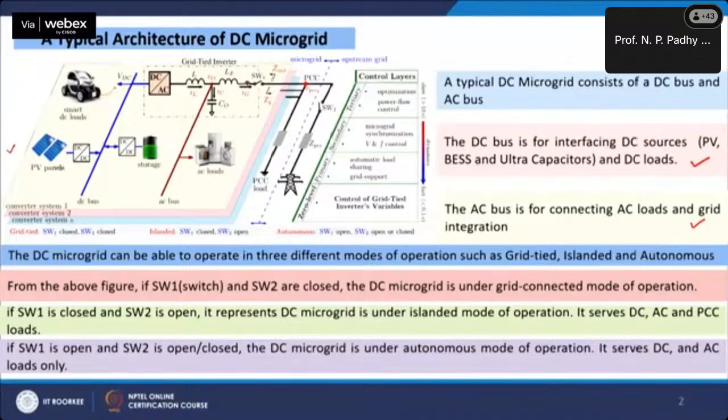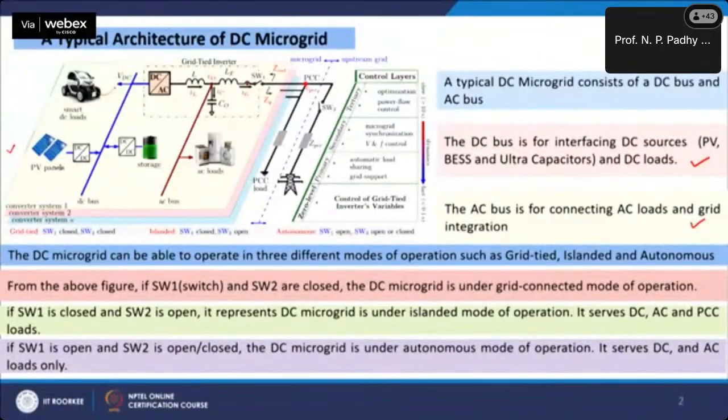However, if SW1 is closed and SW2 is open, that represents the DC microgrid under islanded mode of operation. It serves DC, AC and PCC loads. But if SW1 is open and SW2 is either open or closed, the DC microgrid is under autonomous mode of operation. So three different modes of operation can be experienced through different switching operations of SW1 and SW2.